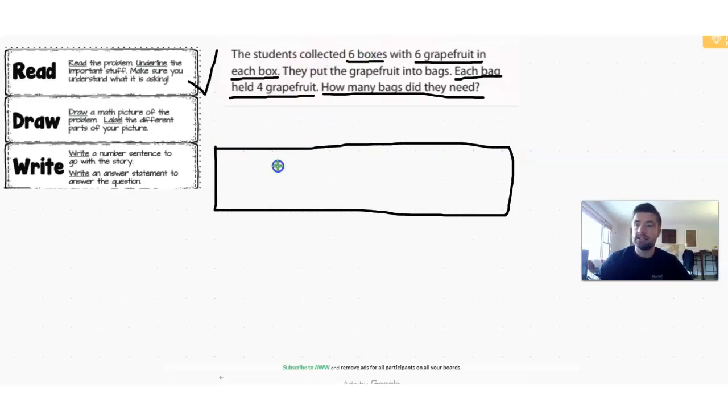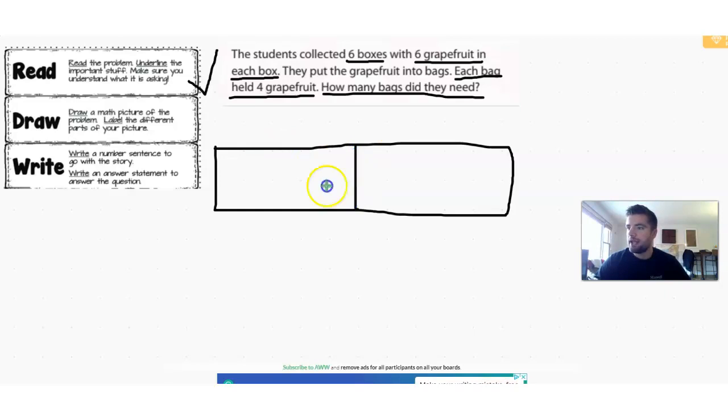So since they collected 6 boxes, I'm going to divide my rectangle into 6 spaces. So I'm going to draw 1 space in the middle and then divide each side into 3 more spaces. So altogether, this tape diagram represents the 6 boxes that we have.